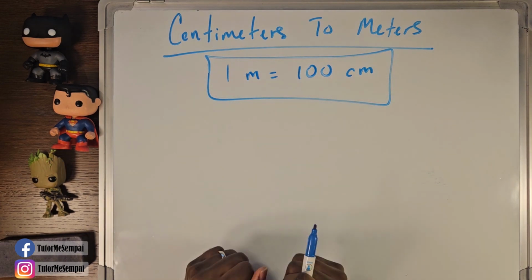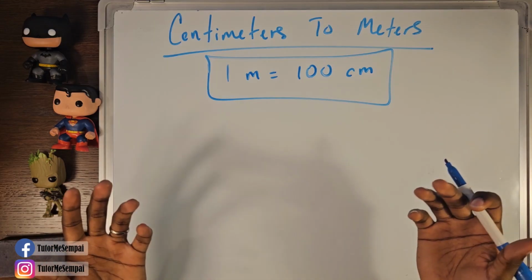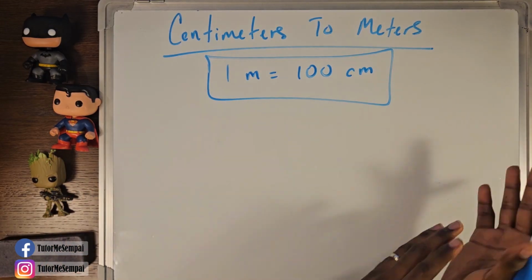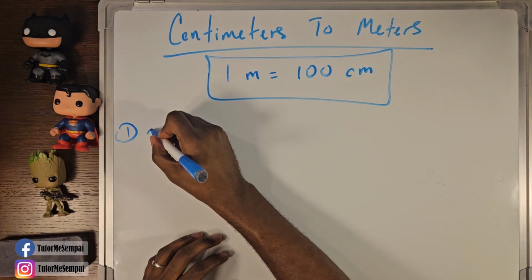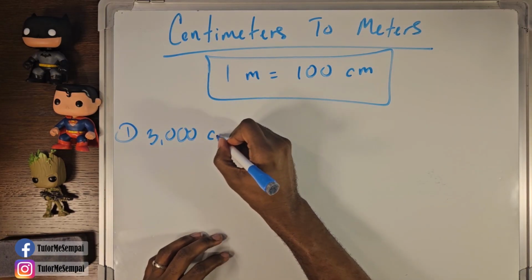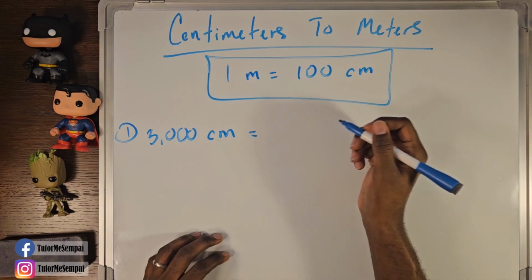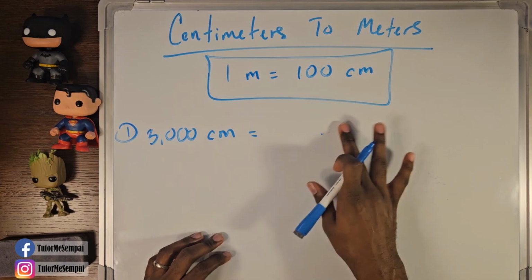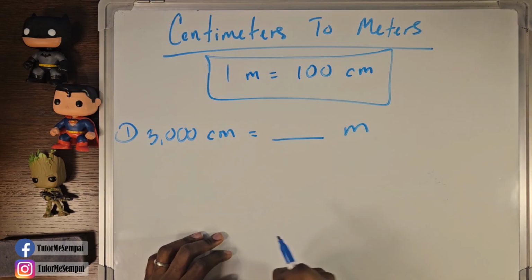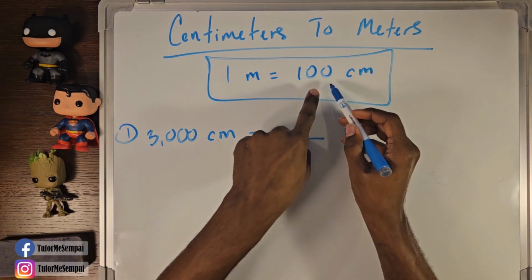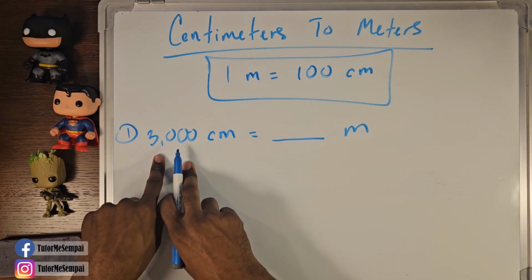But now that we have our basic unit conversion down, we can now tackle all of our unit conversions from centimeters to meters and meters back to centimeters. So let's say we have 3,000 centimeters, and we want to know how many meters we have. Well, we want to know how many groups of 100 make up this 3,000 here.